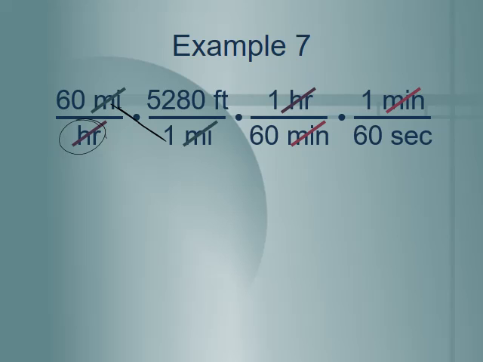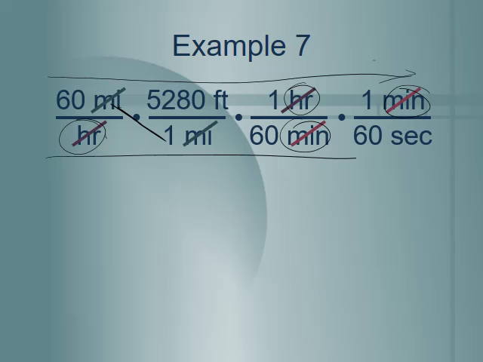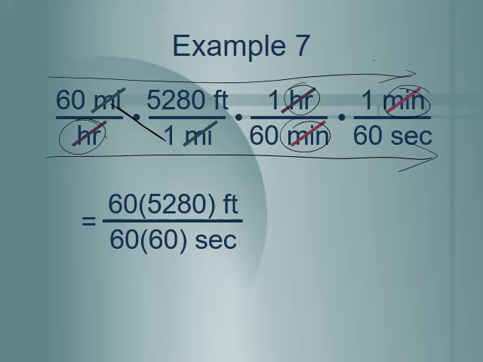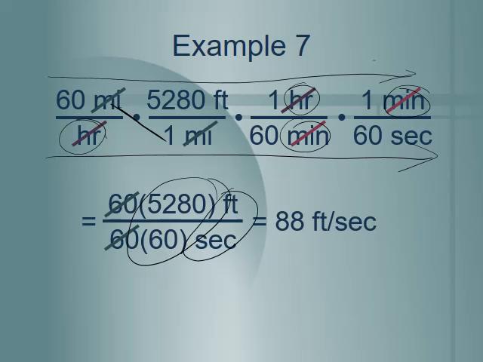And whenever we just cross off our labels, we can go ahead and just multiply straight across and reduce as necessary. So that turns out to be 88 feet per second. If we divide this, it turns out to be 88. And because we were left only with feet per second, we're left with 88 feet per second.